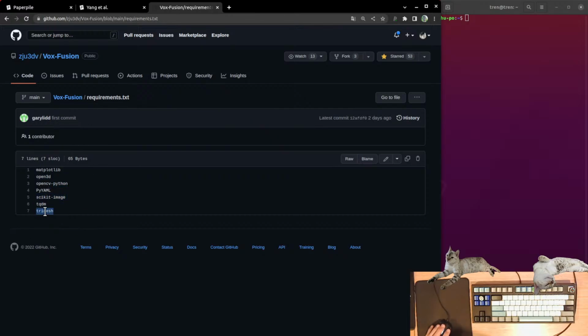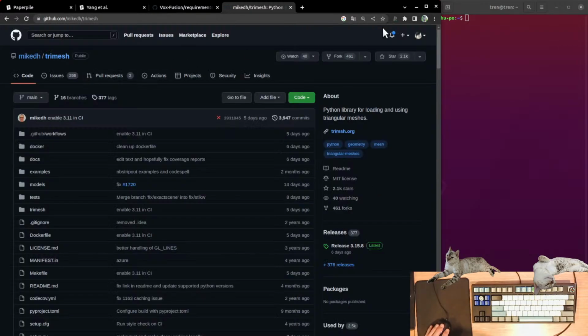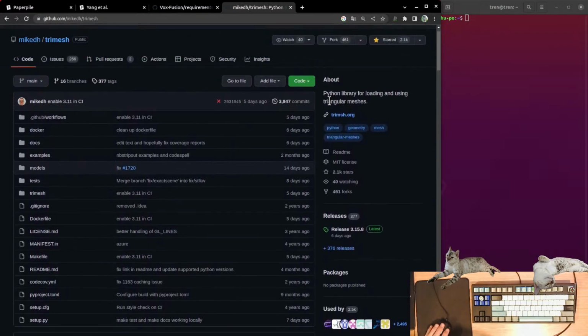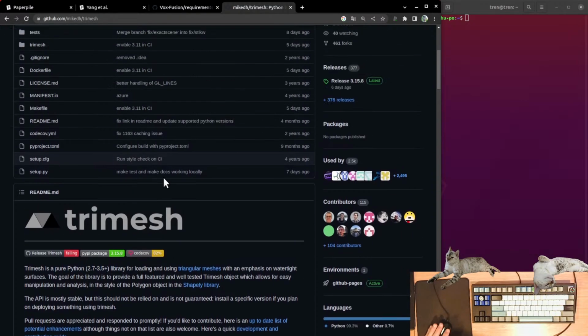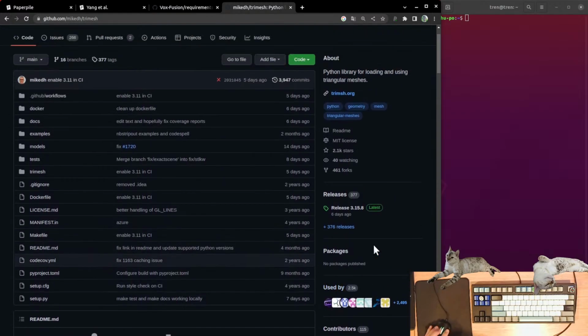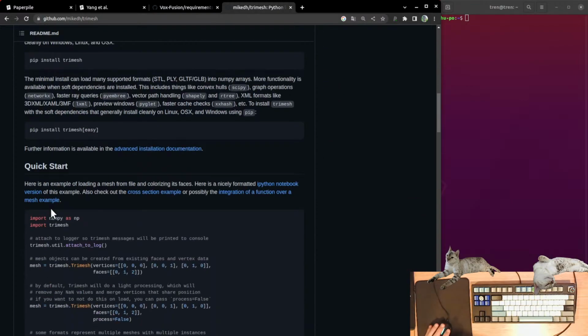What is trimesh? Trimesh. Python library for loading and using triangular meshes. Pure Python. Uh-oh. 3.5 plus. Okay, we're good. 7 days ago. We're using triangular meshes with an emphasis on watertight surfaces. Okay, so you can make objects here.